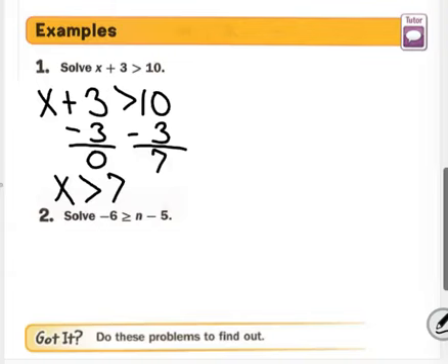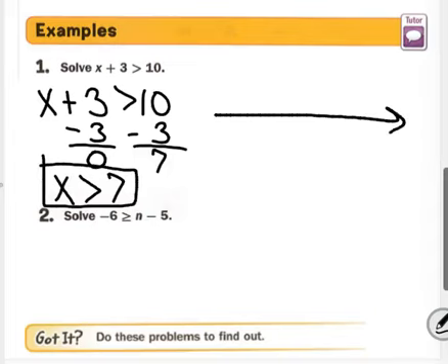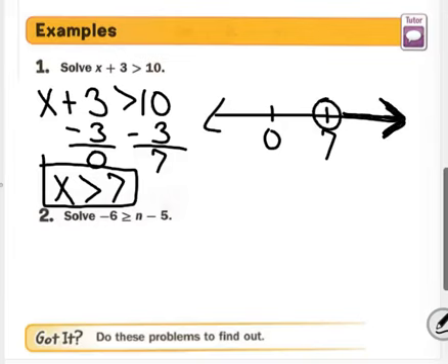X is greater than 7. That's all we need to do. Now, sometimes they ask you to graph these. Graphing them is really easy too. We simply put 0, and we've got the number 7 here. Since it is greater than, we're going to do an open circle and shade in everything to the right. So that tells us that every value that is larger than 7 makes that a true statement.